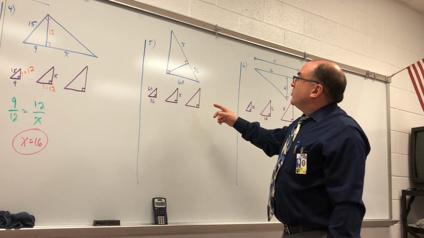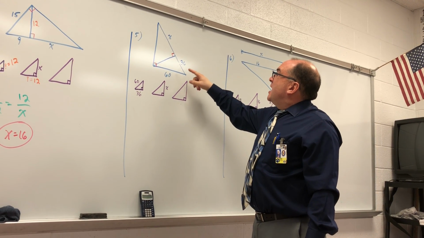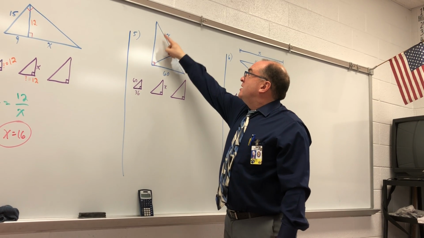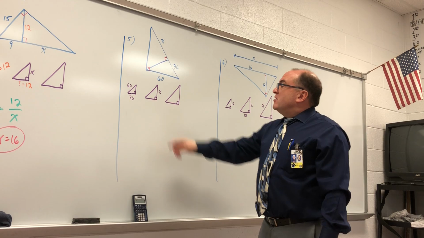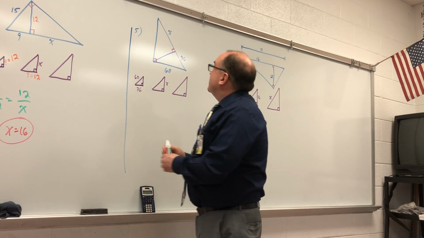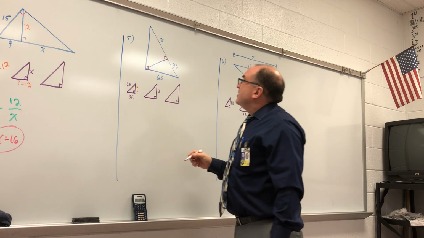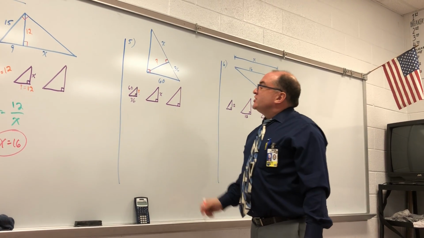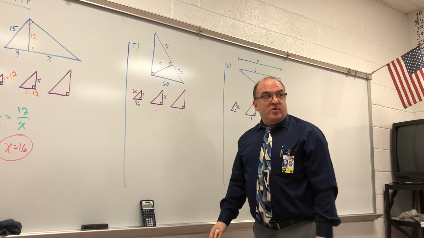Over here, again, the smaller triangle, the middle triangle, and the big triangle. Now, I'm going to need to find this guy right here. I need that guy. So that guy is the same as that one.